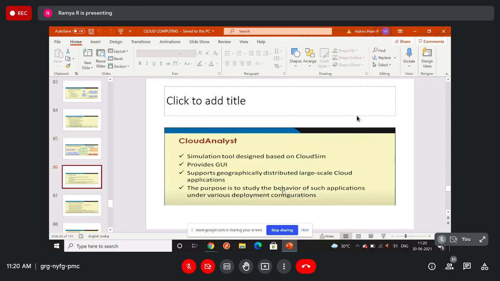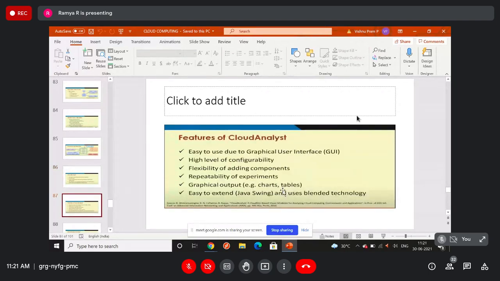Next, CloudAnalyst. This is again another simulation tool. It provides a graphical user interface, supports geographically distributed large scale cloud applications, and its purpose is to study the behavior of applications under various deployment configurations.